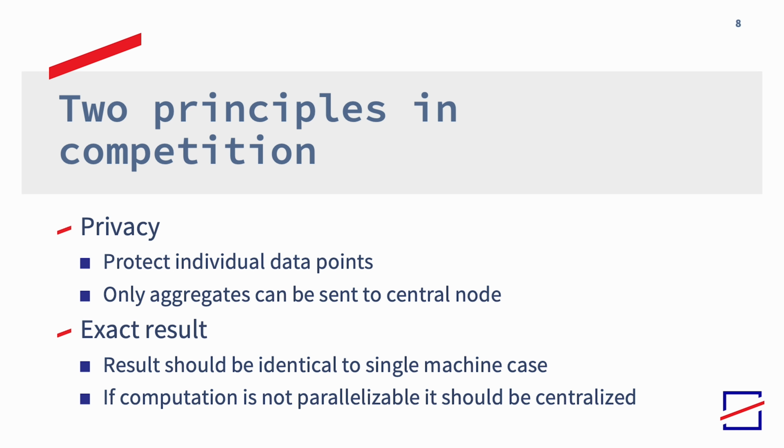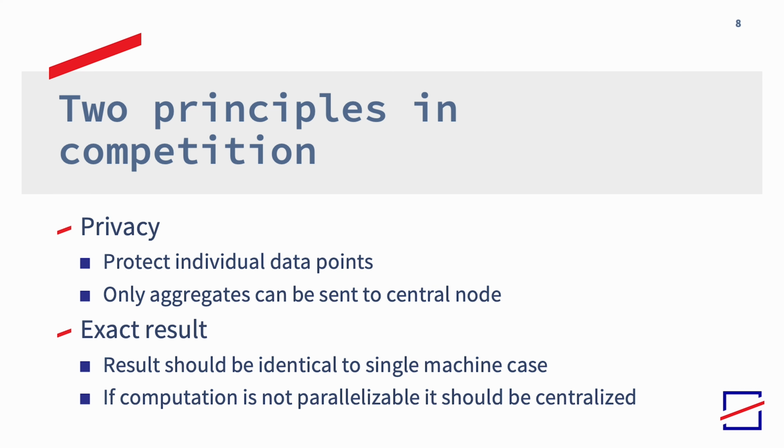At this point, I must say that it is well understood that exposing aggregates is not a real privacy technique. For example, some malicious party would be able to infer individual data points using multiple queries and then looking at the differences between those queries.